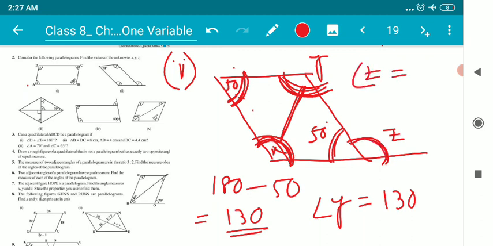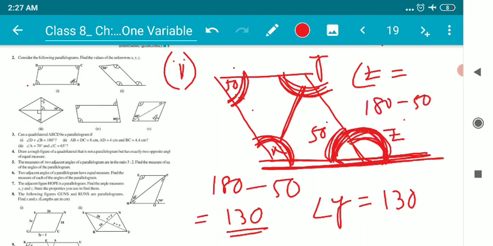Children, angle z and 50, both of these two angles are adjacent angles on a straight line, and they are supplements of each other, which we did in class 7, if we can recall. So z and 50 are supplements of each other, right? The measure of z will be 180 degree minus 50, also 130 degree, because the measure of angle on a straight line is always 180.